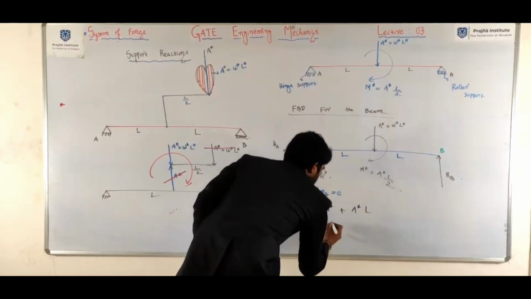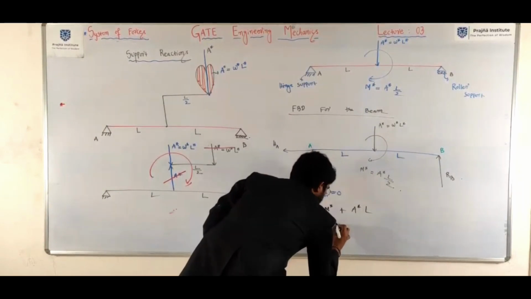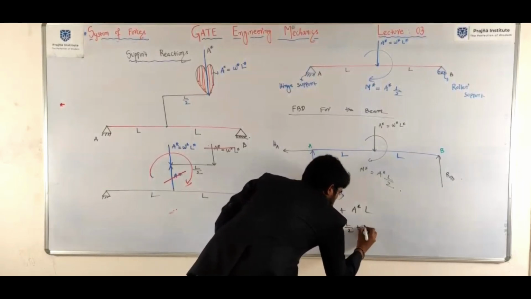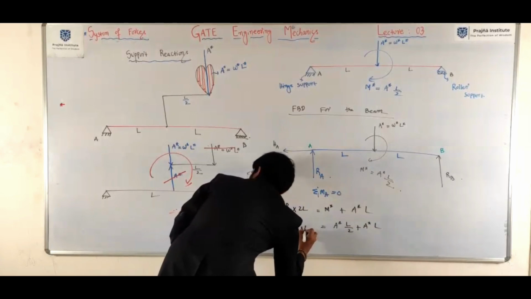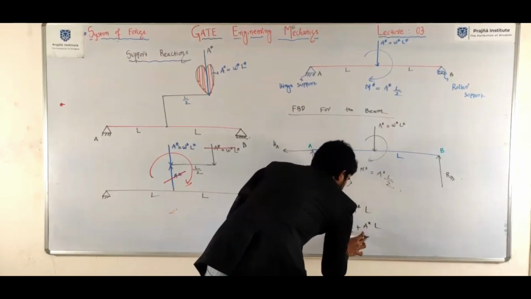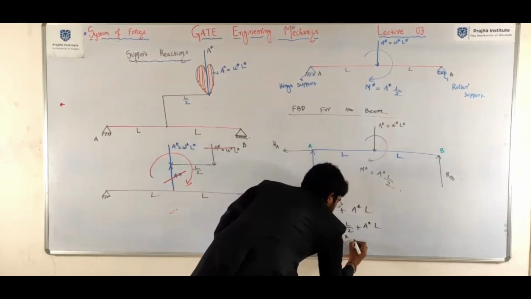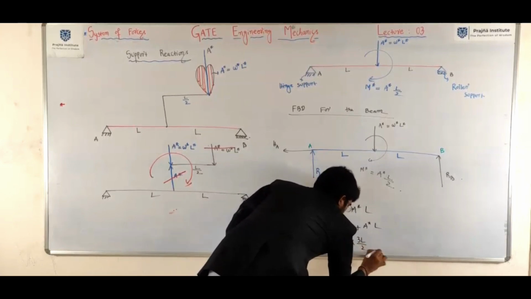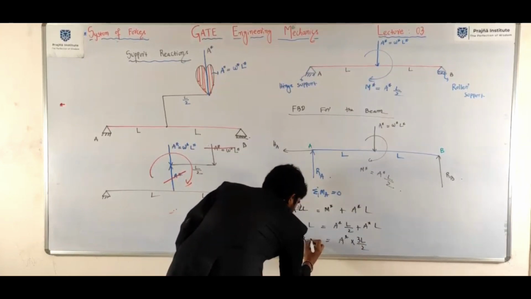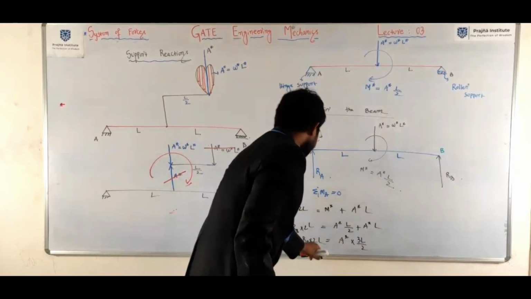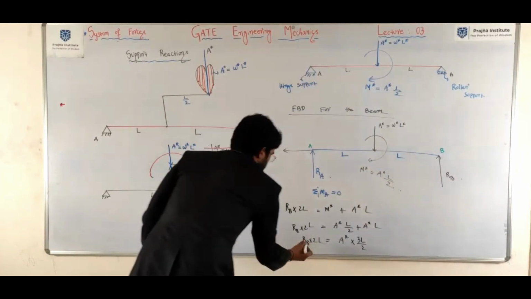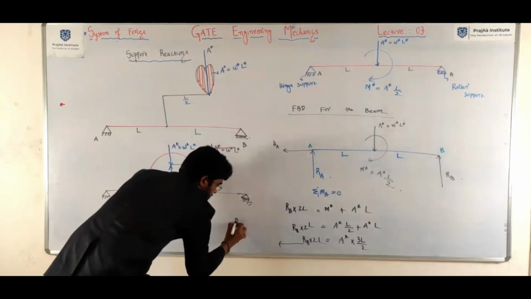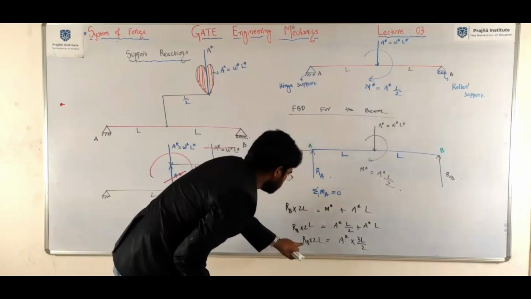Next, finally, what you will get? M star is nothing but A star L by 2 plus A star into L. This is RB into 2L is equal to, finally, A star into 3L by 2. RB into 2L, L gets cancelled out. Finally, RB is equal to, what is RB?